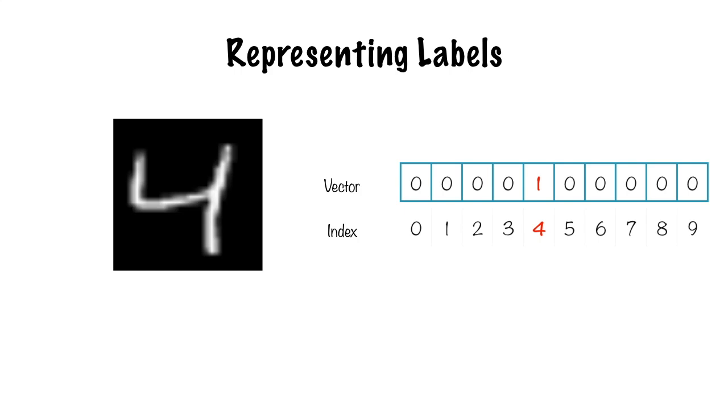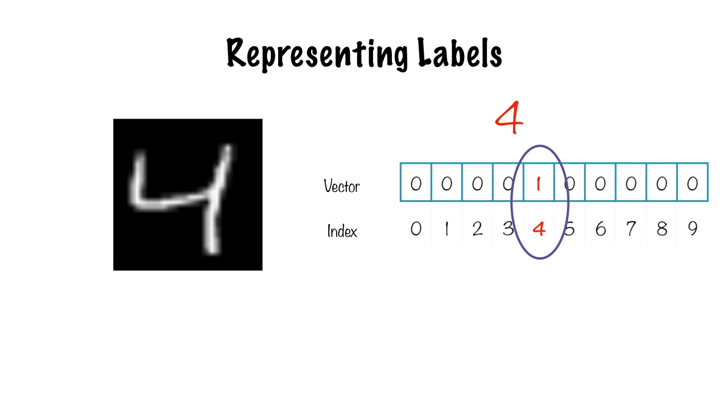So each label is represented using a vector which has 10 indices. Now, all of the elements in that vector are going to be 0 with the exception of the one digit which it actually represents. So here in our 10 element vector, all of the elements are going to be 0 other than that with index 4.